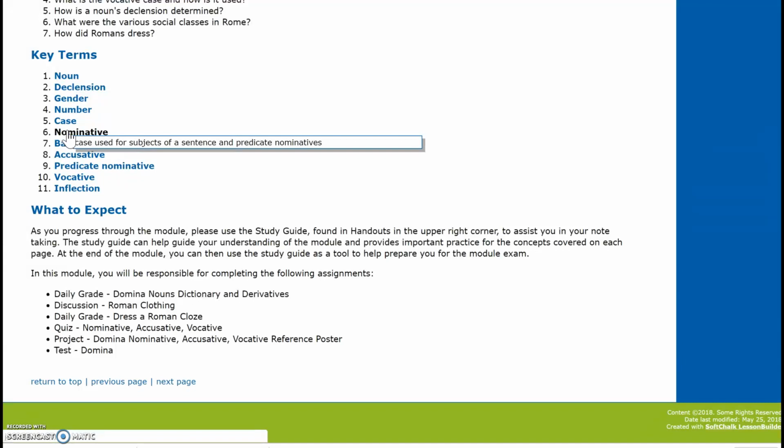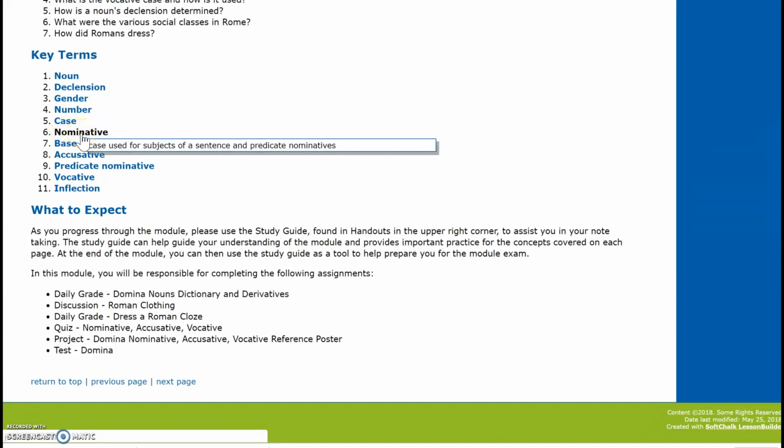First one is nominative. And if you look, the word nominative looks a lot like nominate, and maybe even a little like noun or naming. This is the case used for the subject of a sentence or for the predicate nominative. And if you studied English grammar, and I know you all have, you've talked about a predicate nominative.